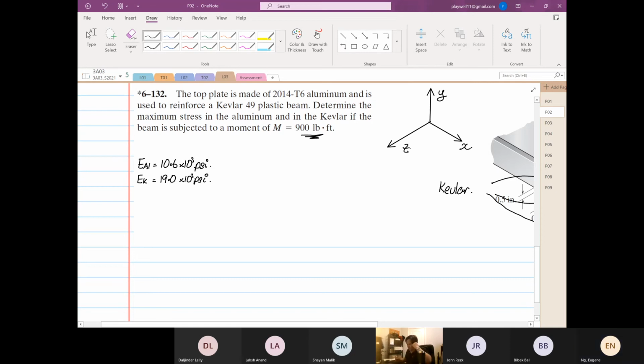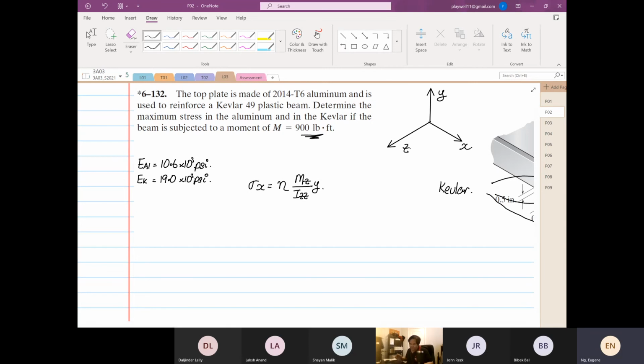Okay. So we know the formula that we're going to use. So we're going to find stress in the x direction is equal to n multiplied by Mz over Izz multiplied by y. Okay, so that's the formula that we're going to use.